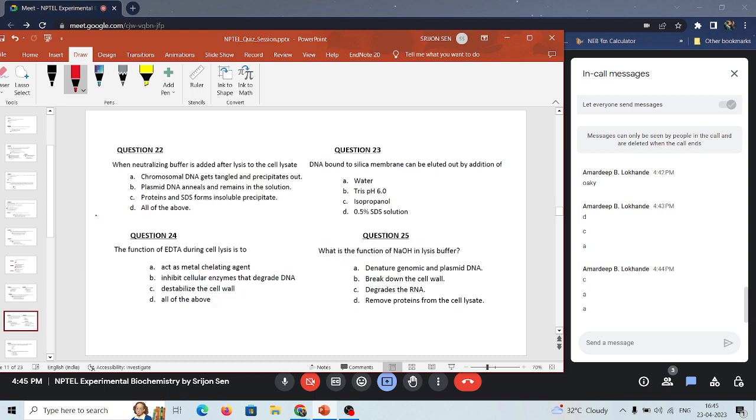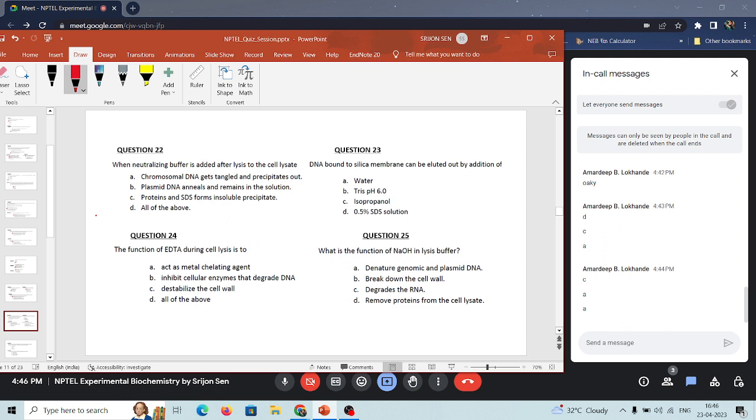Question number 22. When neutralizing buffer is added after lysis to the cell lysate, chromosomal DNA gets tangled and precipitates out. Plasmid DNA anneals and remains in the solution. Protein and SDS forms insoluble precipitate.